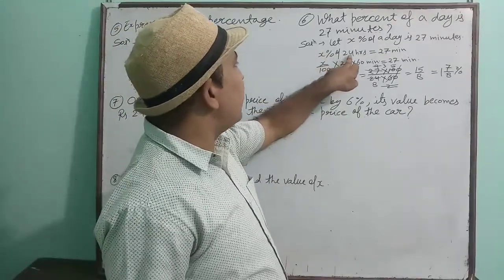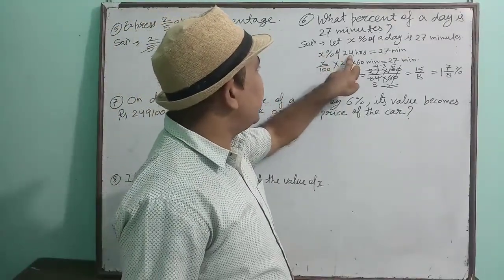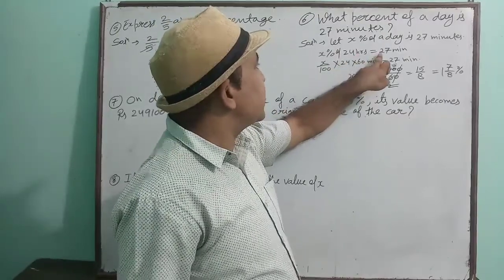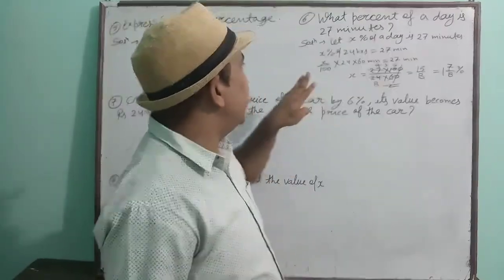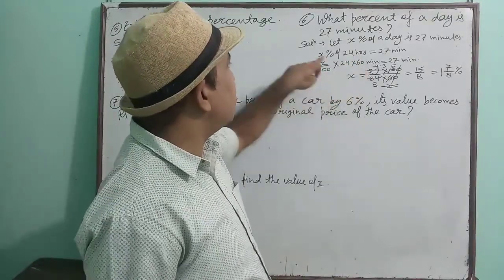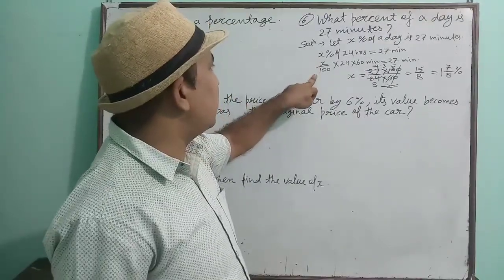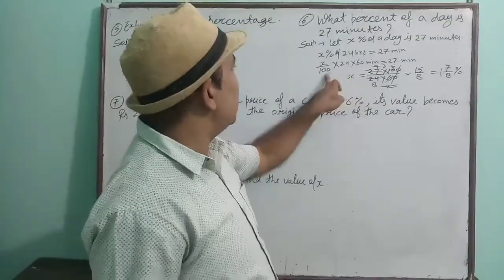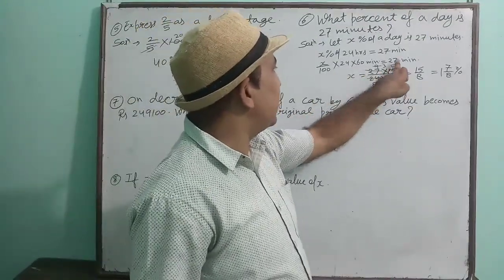X percent of a day means x percent of 24 hours is equal to 27 minutes. 24 hours means 24 into 60 minutes. X percent means x upon 100. So x is equal to 100 will be cross multiplied with 27.